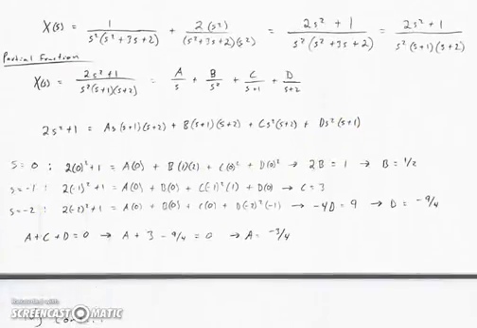So going through to solve for A, B, C, and D, first we set s equal to 0, and you get 0 plus 1 equals A times 0, because 0 makes this s 0, so everything else is 0.